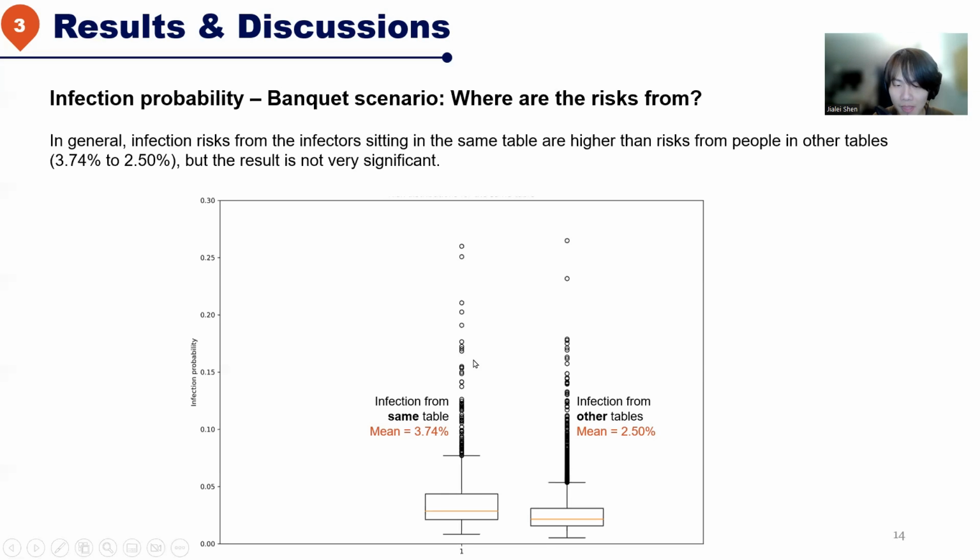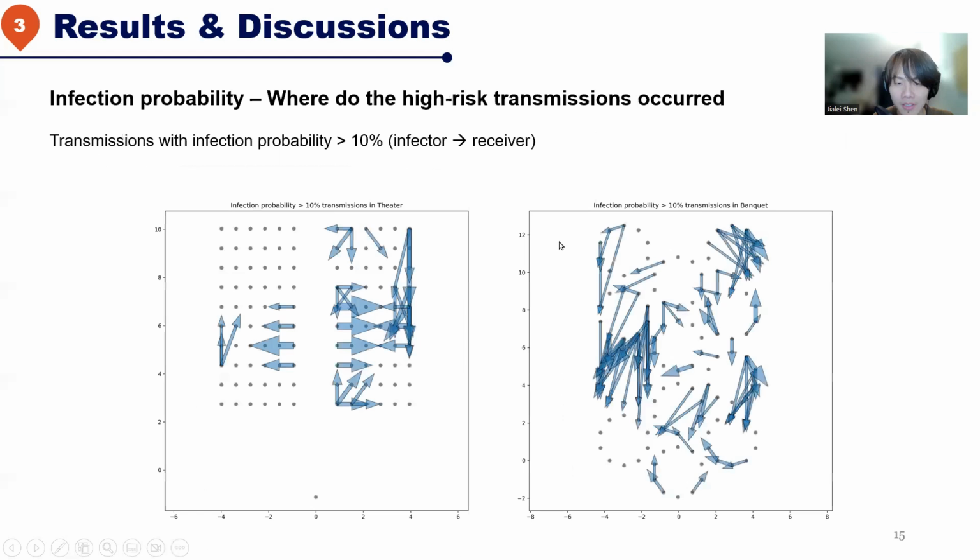But overall, this difference may not be so significant. And cross-table contamination may also cause very high infection probability. Remember that from the very beginning, the heat map shows that the highest infection rates in these two scenarios can be close to 30%.